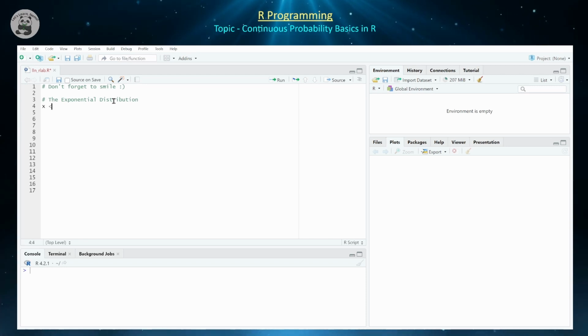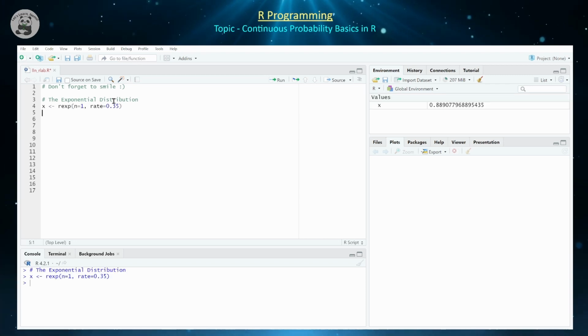To choose a random number, we're going to be doing r for random number and then exp for exponential distribution. We're going to be choosing one number, and then we're going to be giving it the rate parameter. This is going to be equal to the lambda in the typical definition of the exponential distribution. And obviously we have a random number chosen to be equal to 0.89.